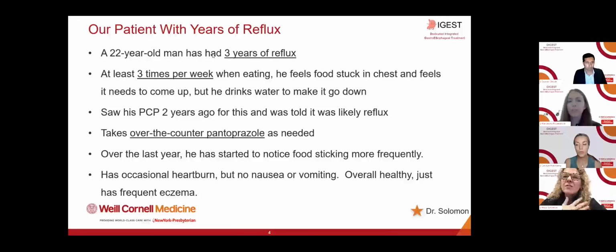Also, these complaints of these swallowing issues, so having trouble needing to drink to help things go down. He's a young guy, so such frequent reflux always raises a question of what's actually going on. And then the history of eczema is also something that raises suspicion for this condition, because people who have eczema or asthma or things like that tend to be associated with eosinophilic esophagitis more commonly.